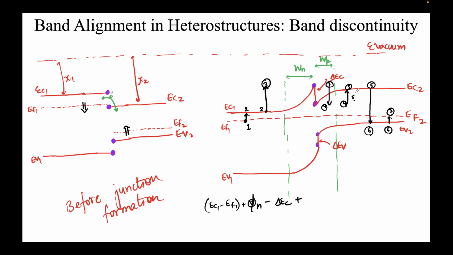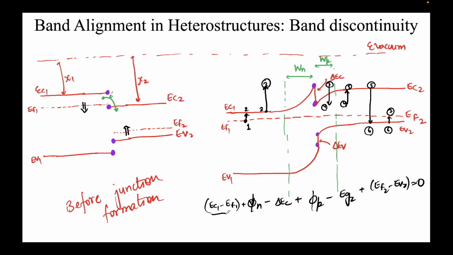From 4 to 5 we have to go up, and the gain in energy is phi p, the built-in potential on the p side. Then you drop from 5 to 6, which is the band gap of semiconductor 2, so I write Eg2, and then you again gain this energy, which is EF2 minus EV2. This will be equal to 0.